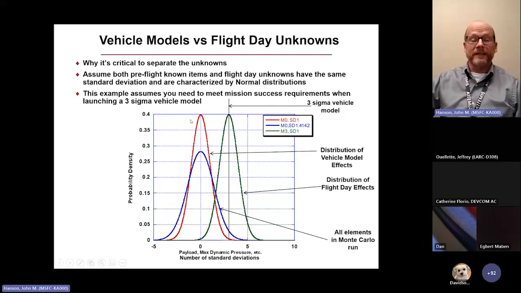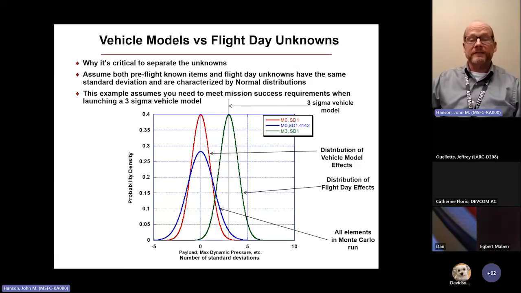So here I've got an example case. On the x-axis is number of standard deviations, and on the y-axis is the probability density. And just for the sake of illustration, we have a series of unknowns about the vehicle model that we're representing by this normal distribution here, and then a series of unknowns about the flight day effects.